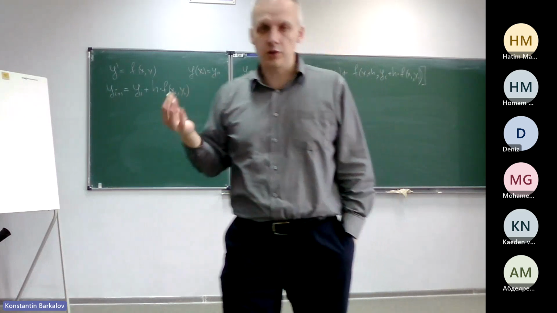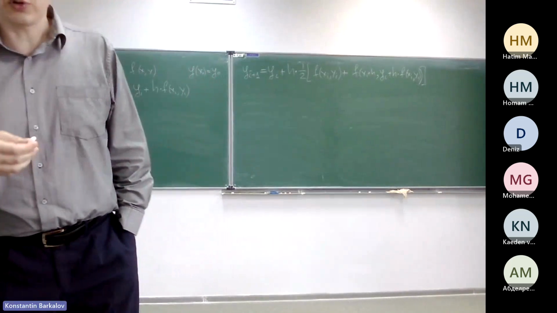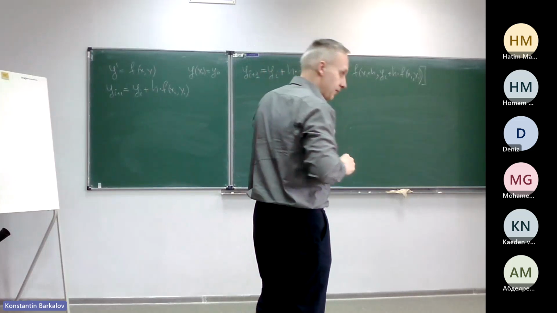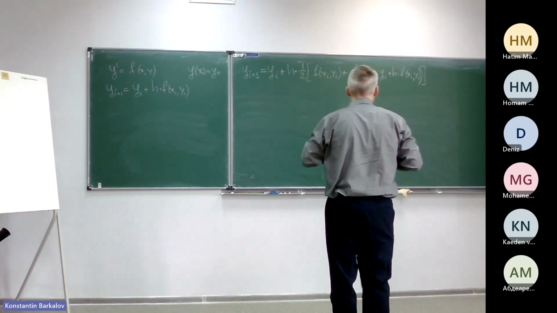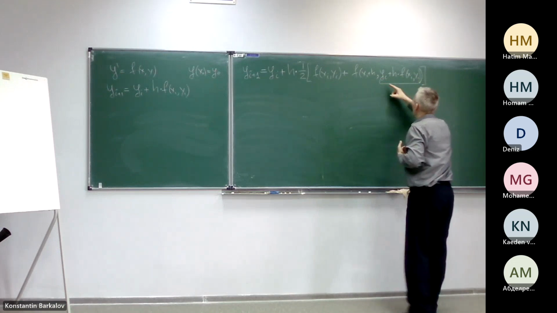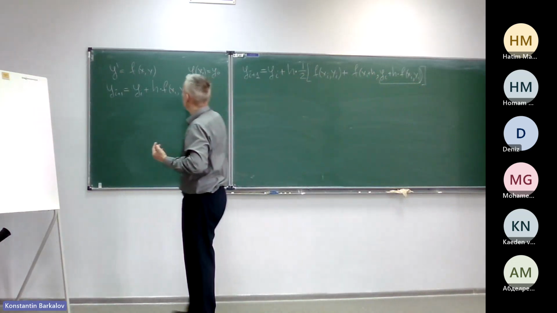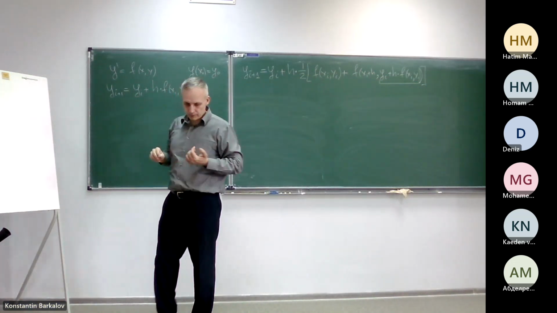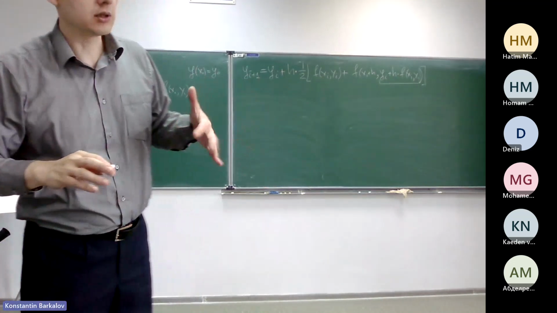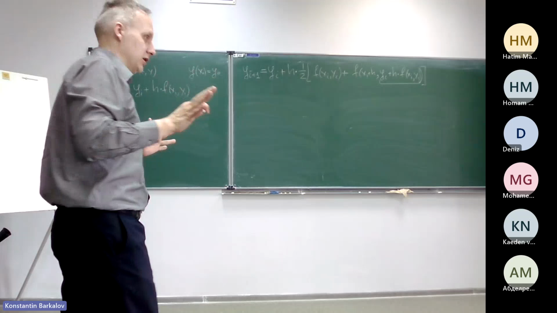This formula is written in the presentation that I sent for your class. And if you look at this formula, you can see that this value corresponds to the value that we compute using Euler's method. So the second order Runge-Kutta method is a so-called two-stage method.